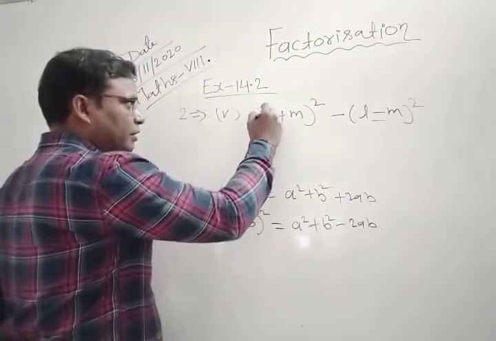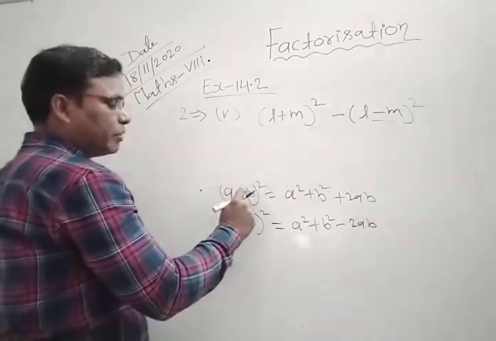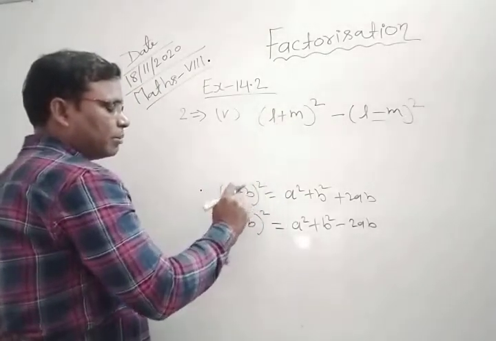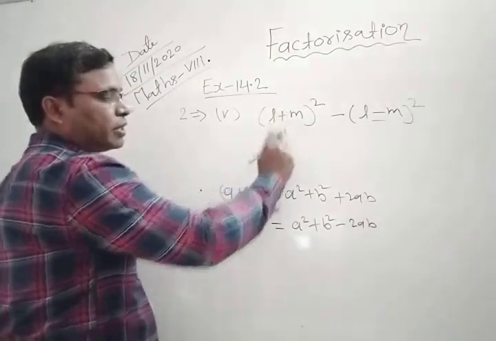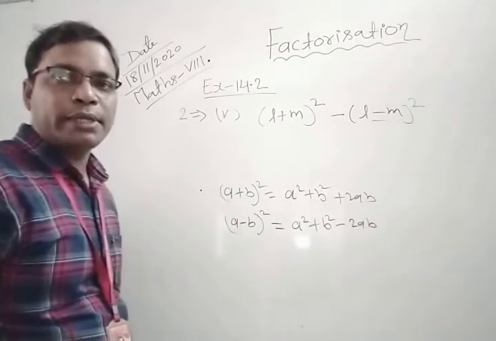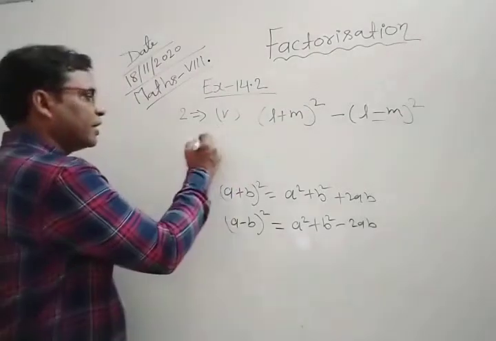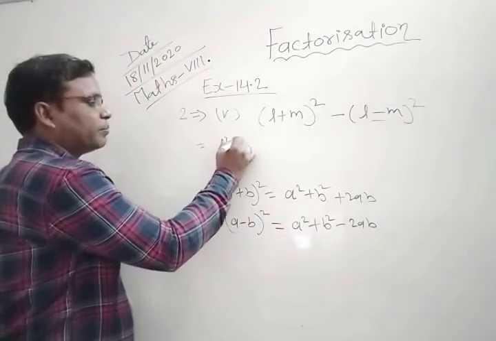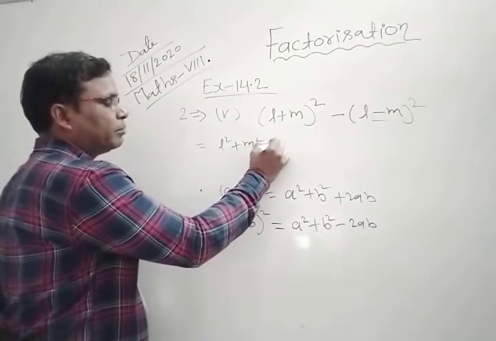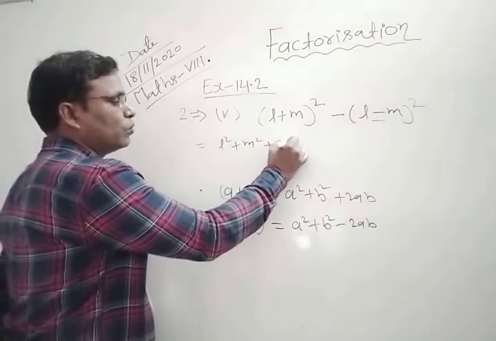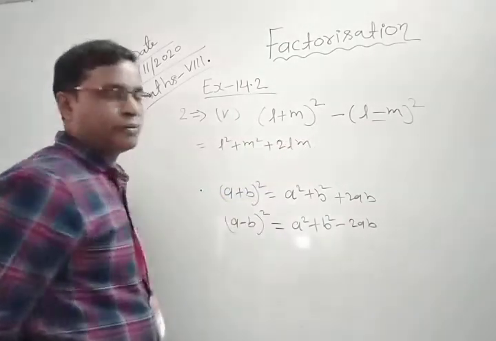So you can see l plus m is of the form a plus b. The whole square of l plus m is equal to l square plus m square plus 2lm. Clear?